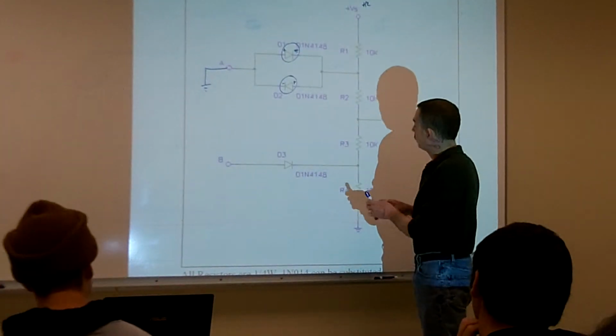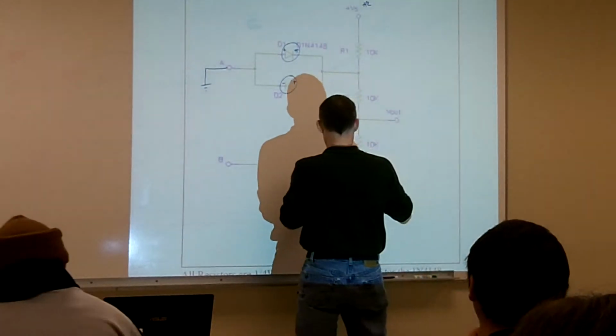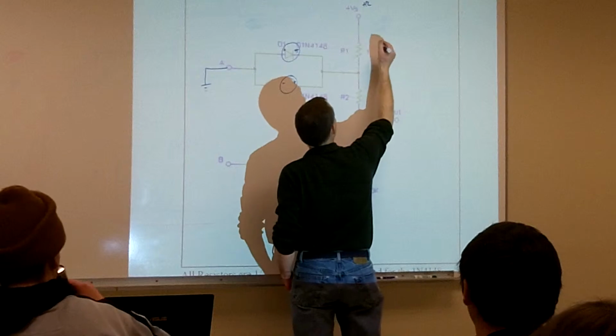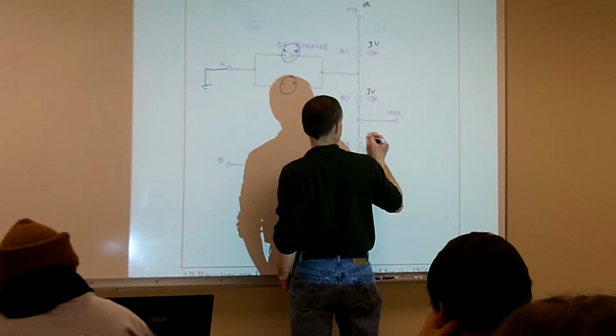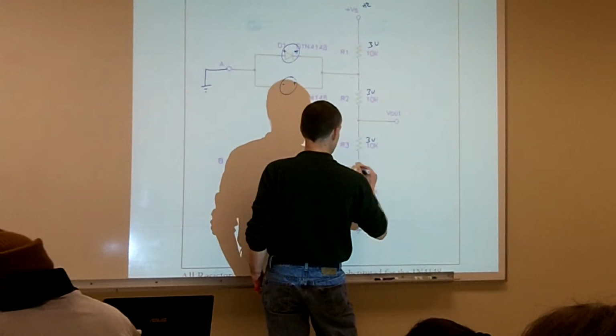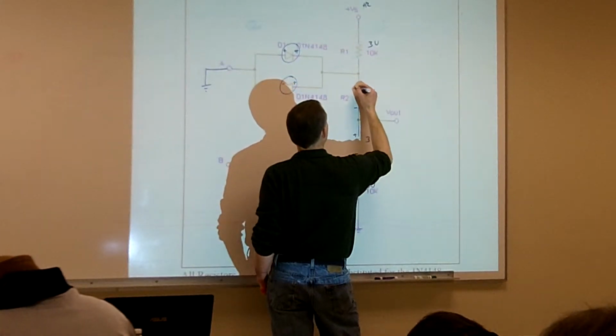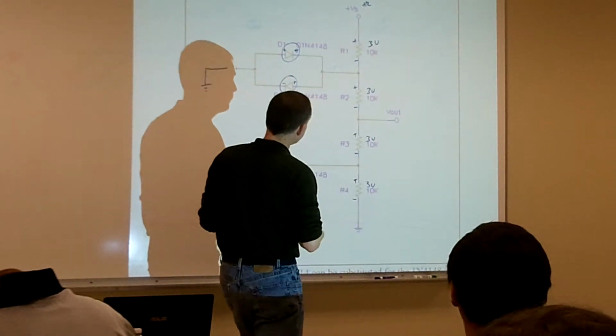So we know that these are all open, so we have this voltage divider again. So each one of these resistors is going to drop 3 volts again, right? And we know that the current is going through them right now, just like that.